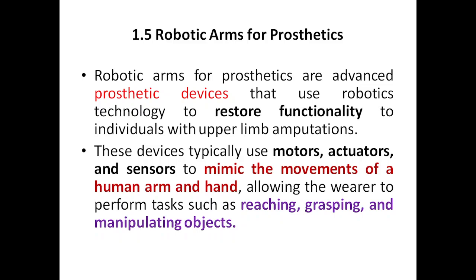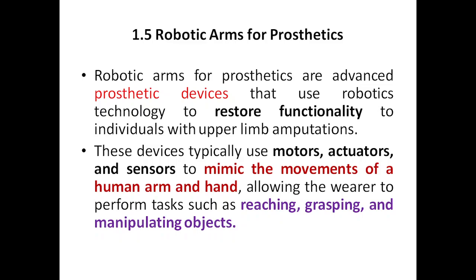So today we are going to discuss robotic arms for prosthetics. So far we have discussed how exactly our human organs work. We started with the brain.